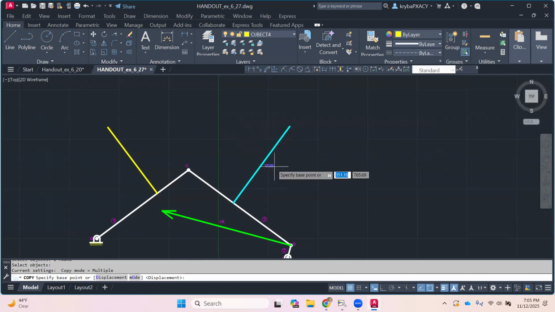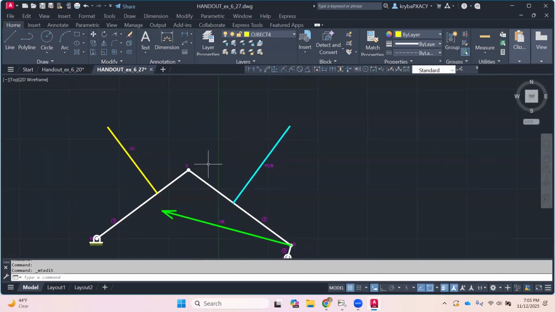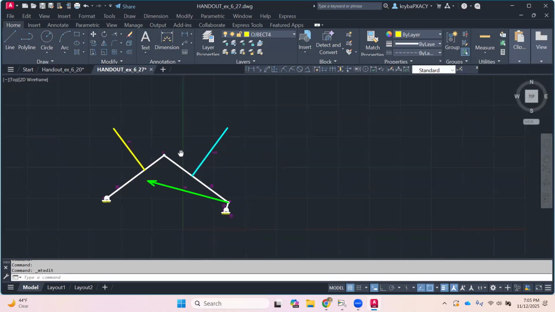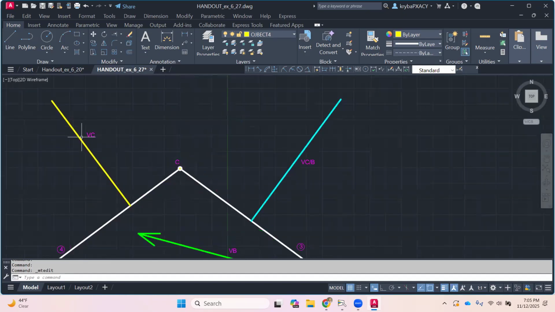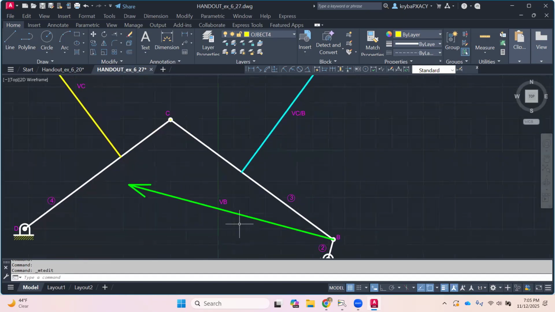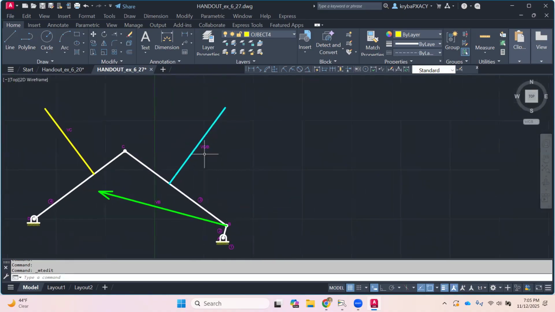And then I'm just going to copy this over, and this is velocity of C. Okay. Probably should make all of my labels bigger. So if you're doing a screenshot, make sure that when you do the screenshot, we can read all the labels. But I've got my velocity of C, velocity of B, and my velocity of C relative to B.